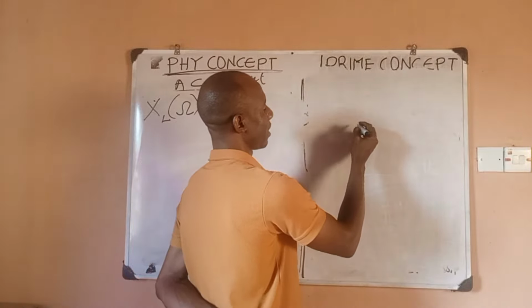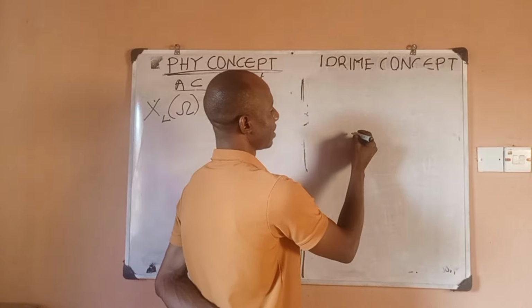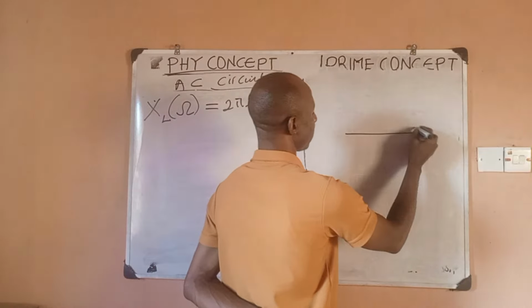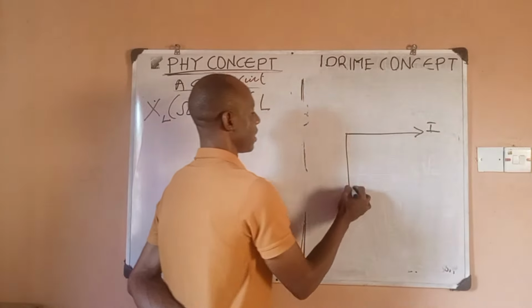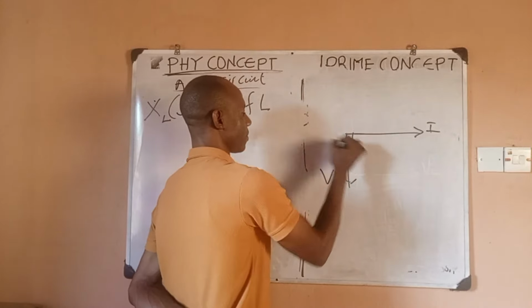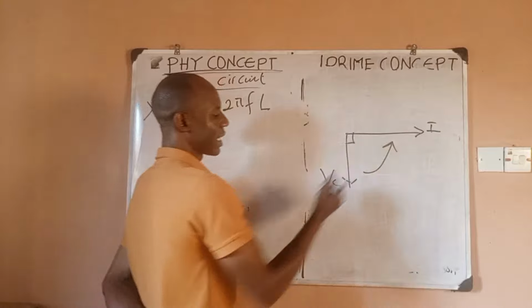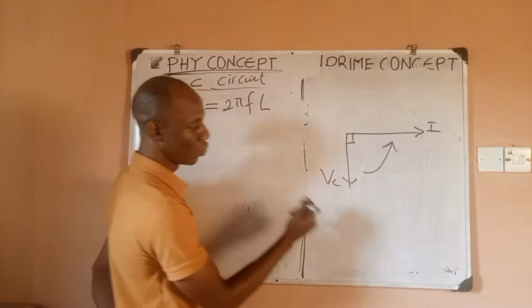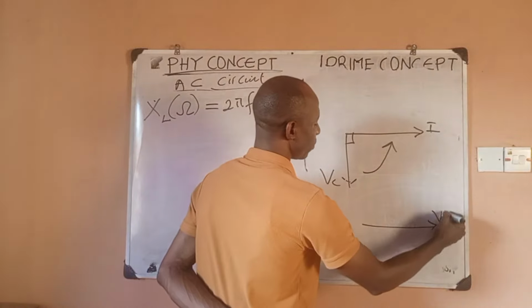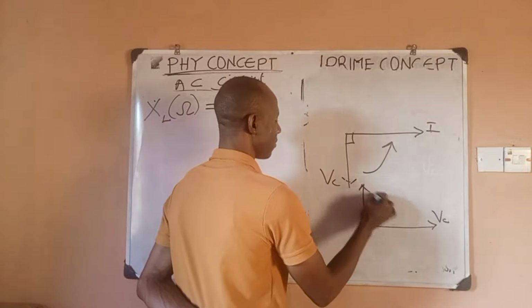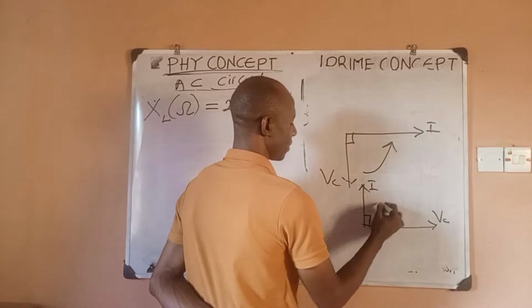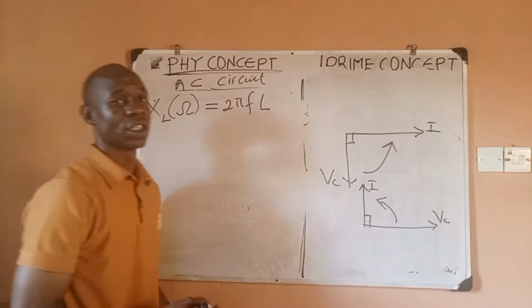The vector diagram is going to be like this. Current is leading voltage, so if I draw this as my current, then this is going to be my voltage. For a purely capacitive circuit, you can draw it this way as well: put your voltage here, then you have your current. Any of these two is correct.